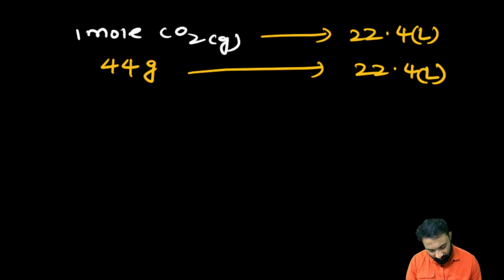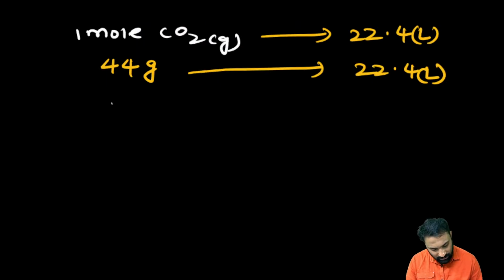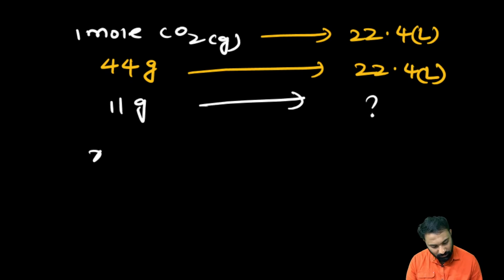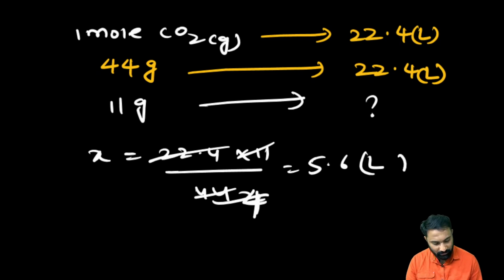Then he is asking how much volume 11 gram of CO2 occupies. Just keep the 11 grams here. 11 grams will occupy how much? If you cross multiply, 22.4 into 11 by 44, it will give you how much? 2... Sir, it will give you 4. Then if you cross multiply, you will get 5.6 liter.